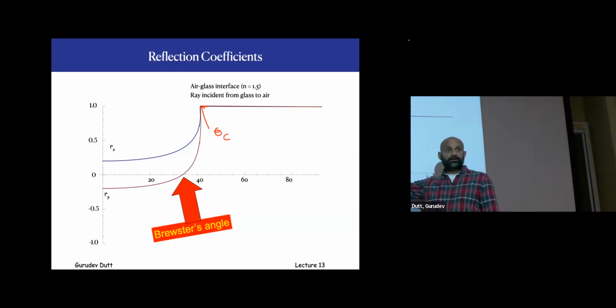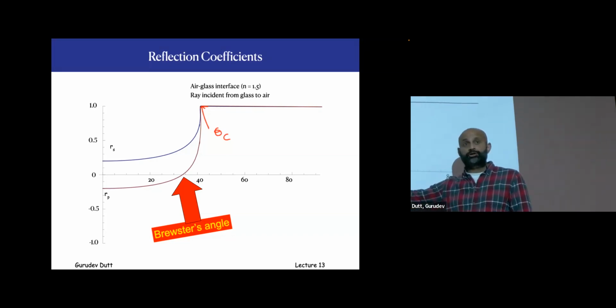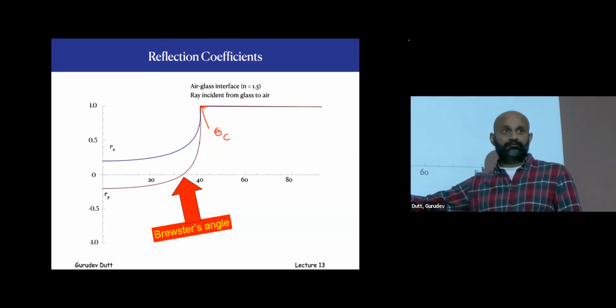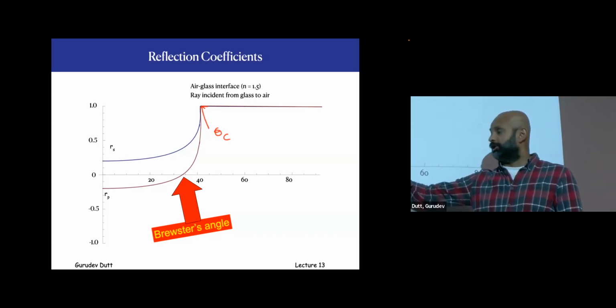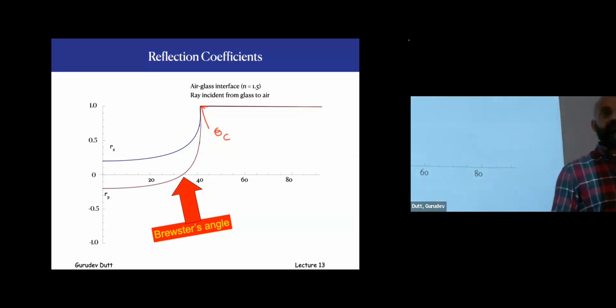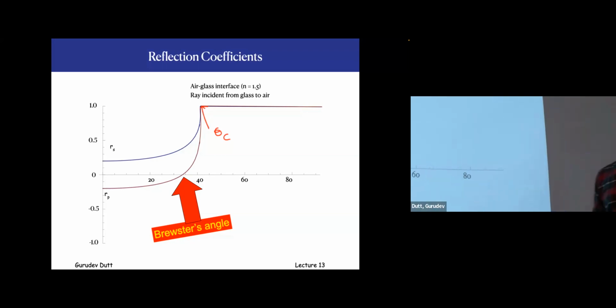Notice there's also a Brewster angle here. This Brewster angle is again the point at which the P polarized component vanishes. So you can also get perfect polarization in this case for the beam that's reflected from the interface from glass to air.